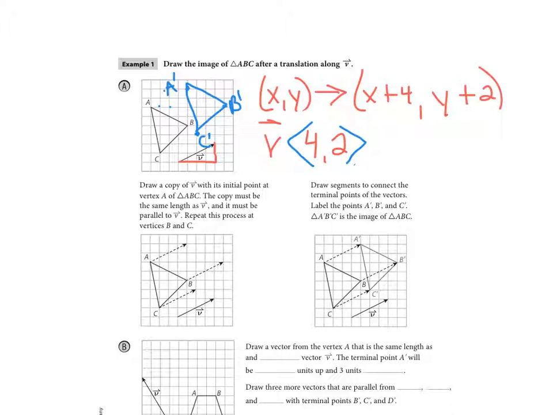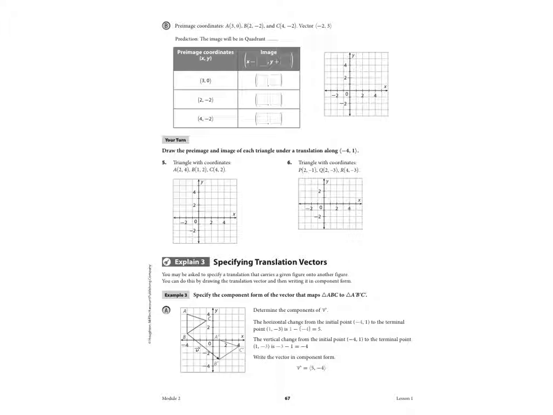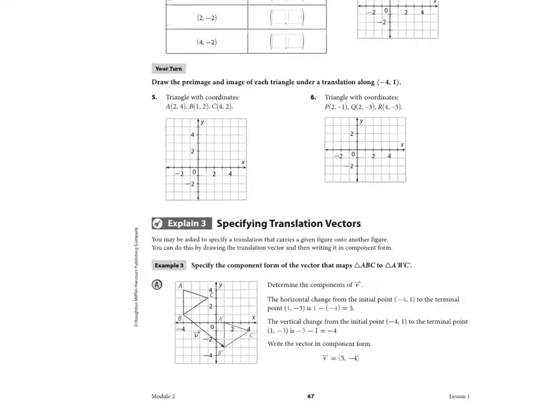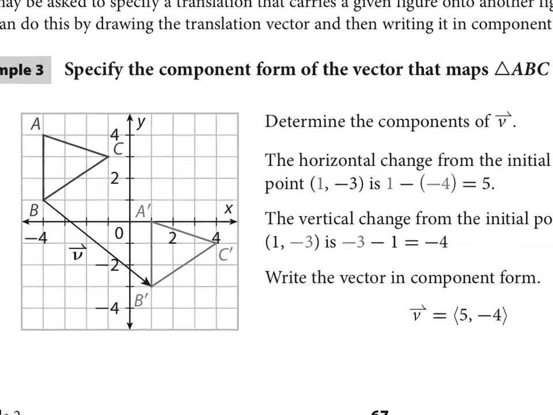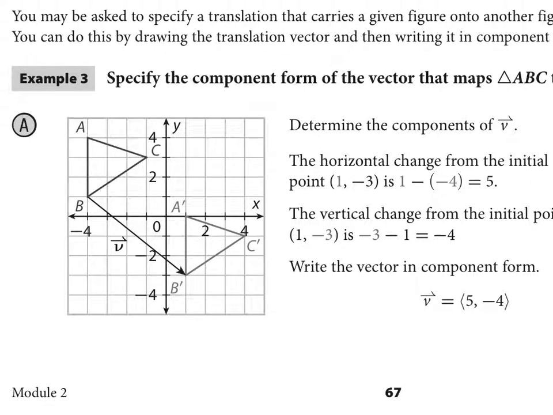So let's look at the next example. And let's look down here at A. Okay, determine the components of the vector. So what is happening here? Well, the vector, it's moving 1, 2, 3, 4 down, right?